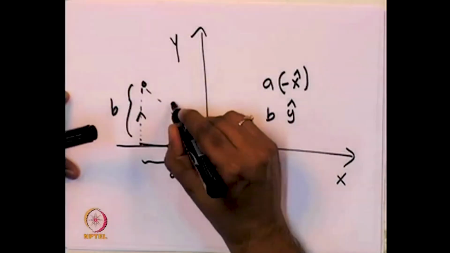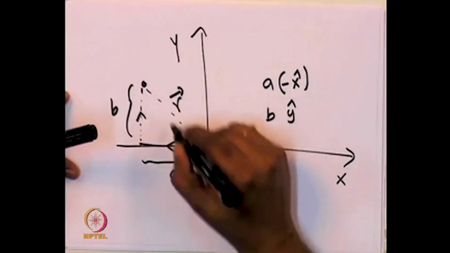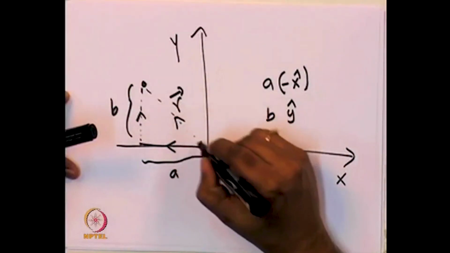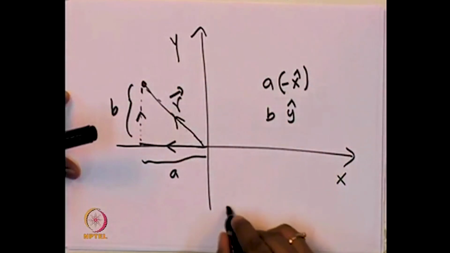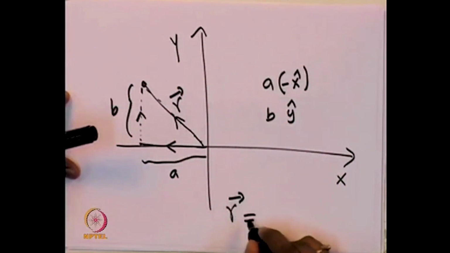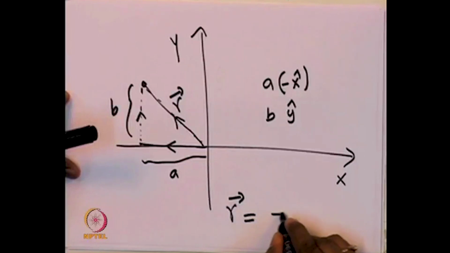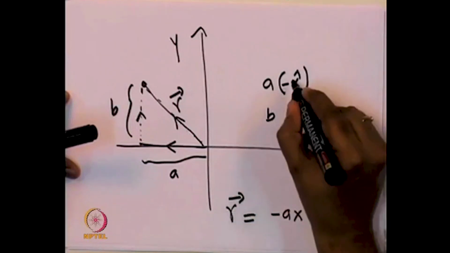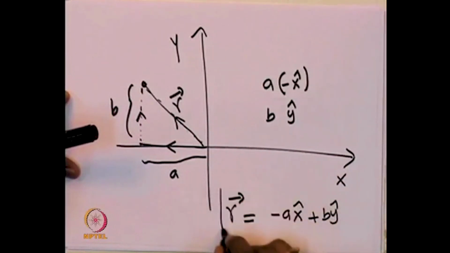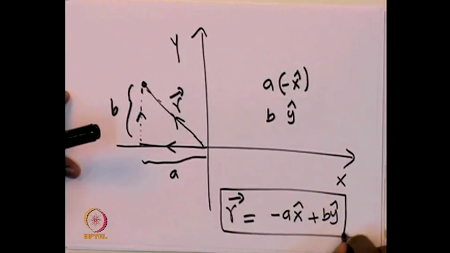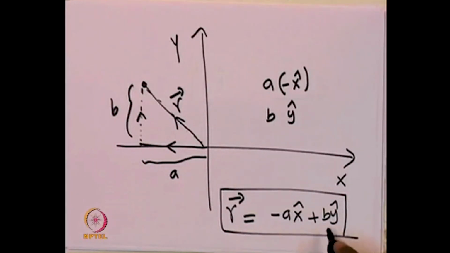So, the total displacement is this vector r, which is going from here to here. This r vector will be a into minus x, which is minus a x, plus b y cap. So, this is r: minus a x plus b y.